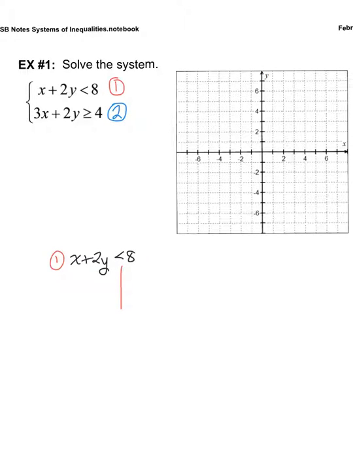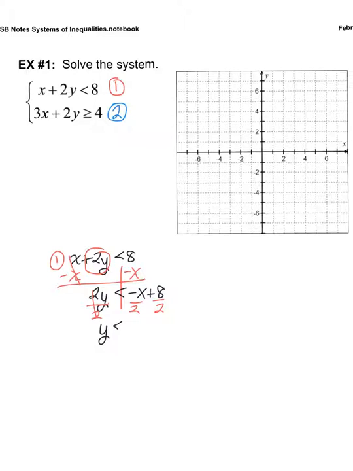I'm solving for y. x is positive, so I'm going to subtract x. So I get 2y. Inequality stays the same. x term comes first, plus 8. You've got to solve for y, divide by 2. Nothing causing me to flip a sign.